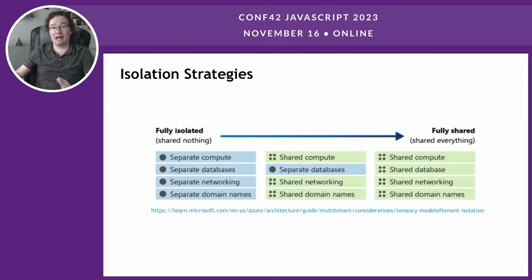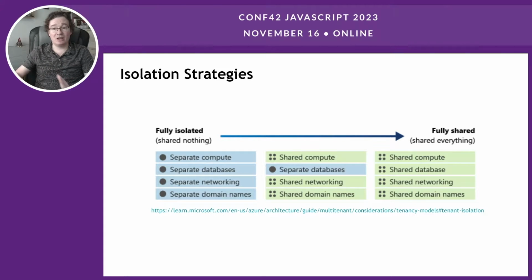We need to pick an isolation strategy. And you can start from a fully isolated model where everything is isolated from each other. They don't talk between them. Or you can go to a fully shared one where you have instances of, for example, your database, your data lake, and you're sharing that with all your customers.